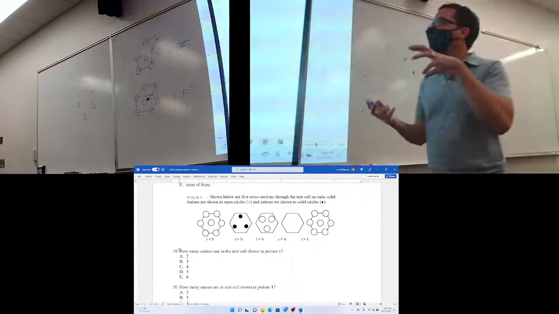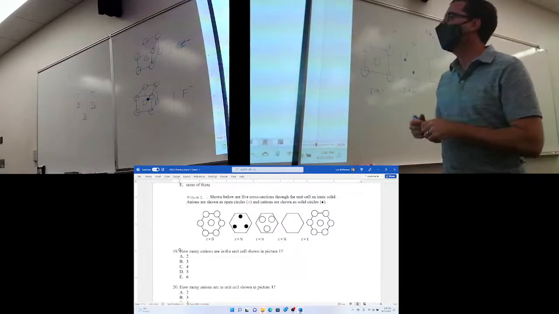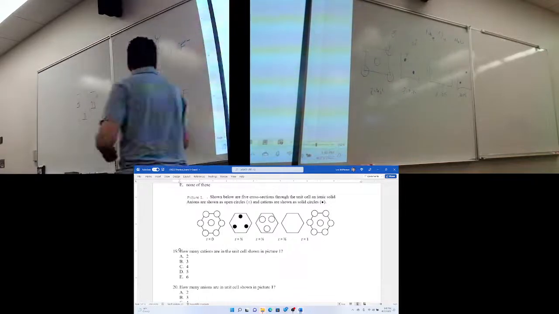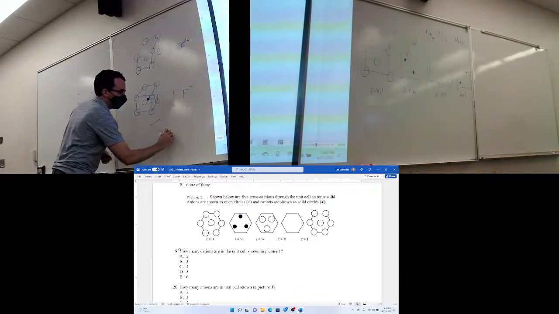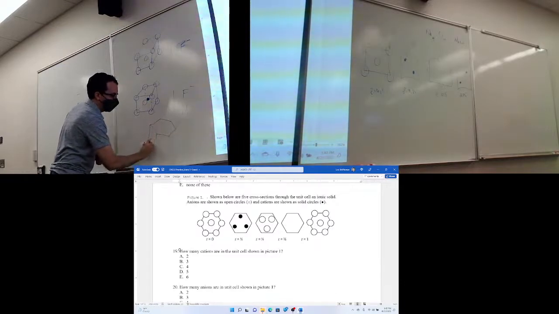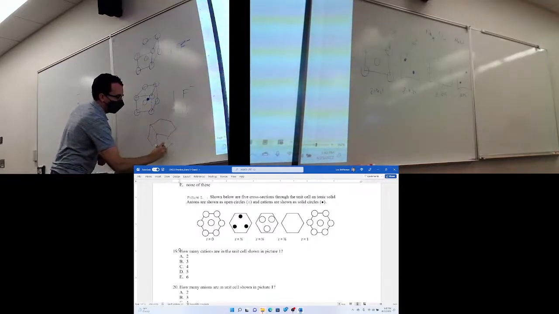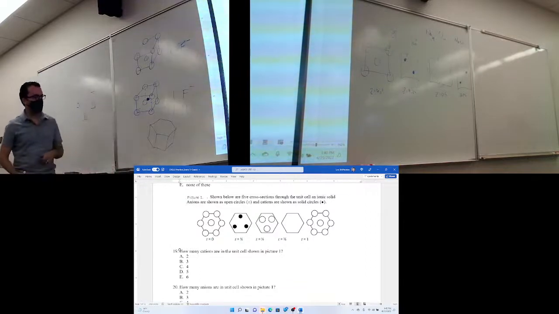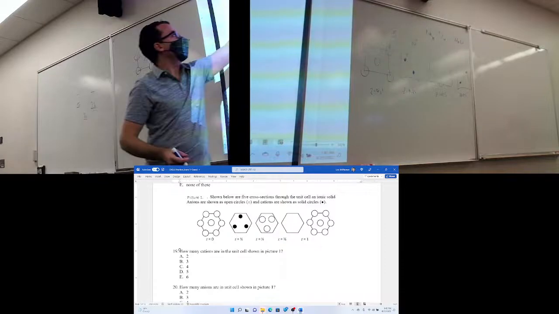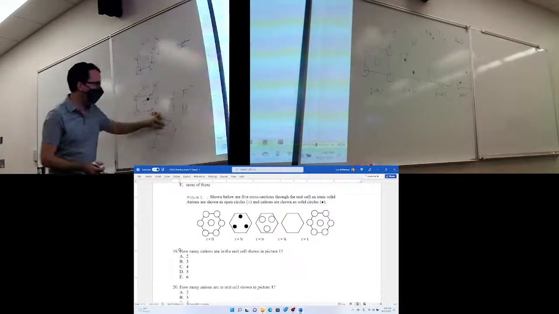But if you think of a hexagon, it's going to have this shape. That's the best I can do. So that's the shape it has. That atom in the center there is in the face right here.